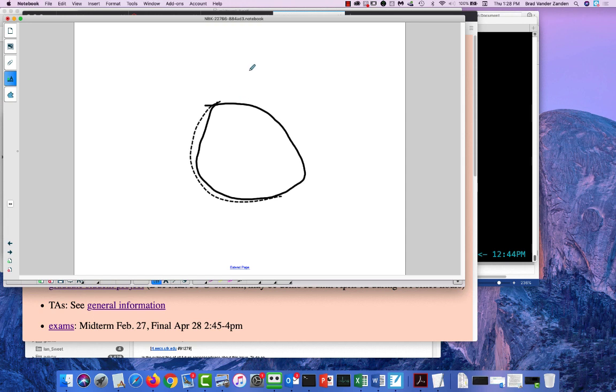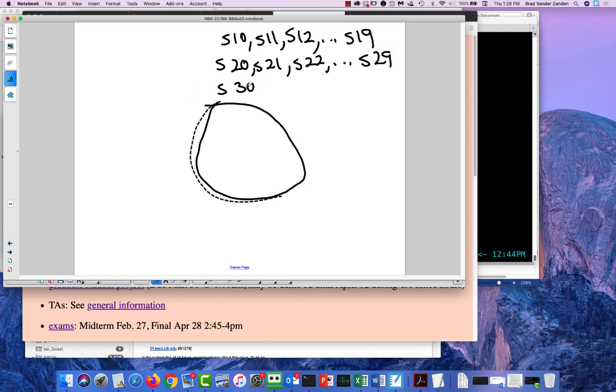Okay, so what they do is they actually create so-called replicas. Server 1 would actually have server 10, server 11, server 12, maybe up to server 19. Server 2 would be 20, 21, 22, up through 29. So there are in effect 10 replicas of every server, and they map these all over the place.